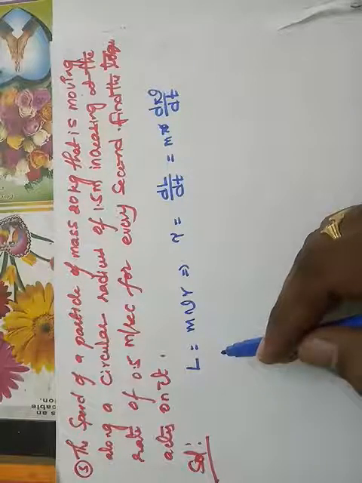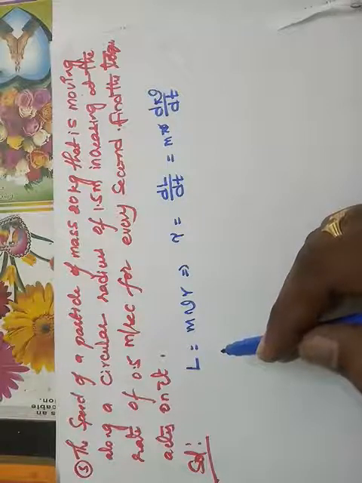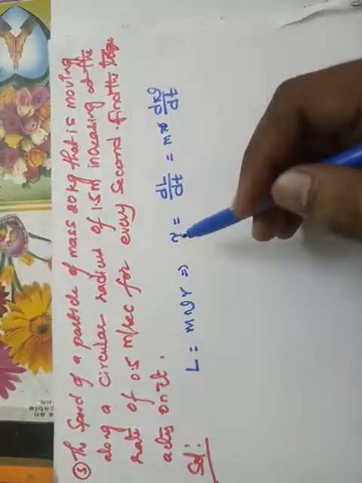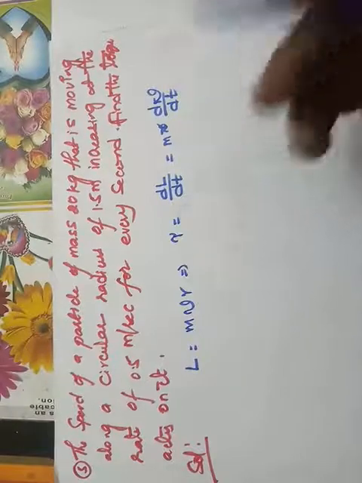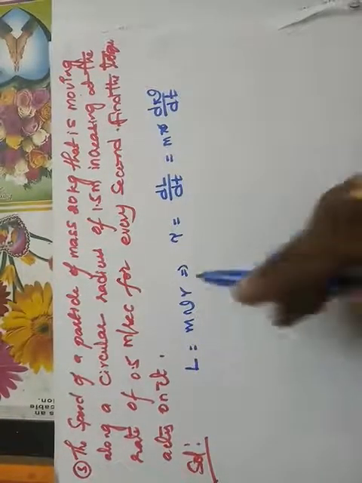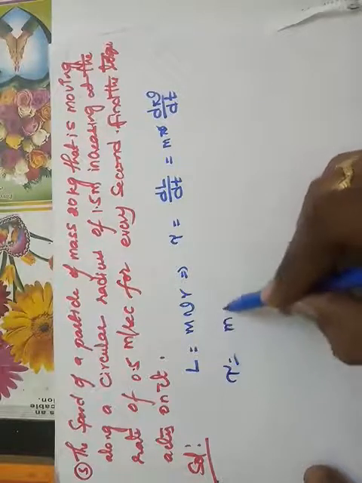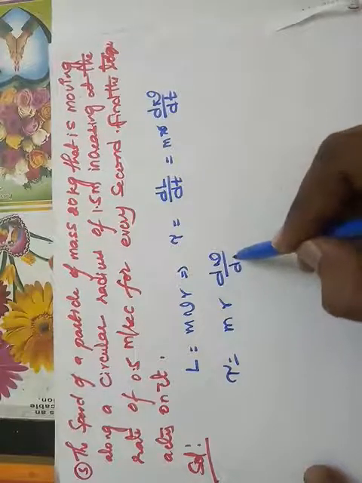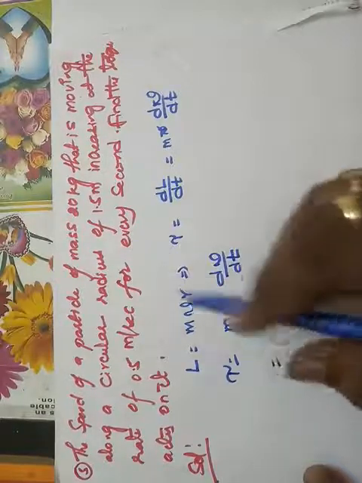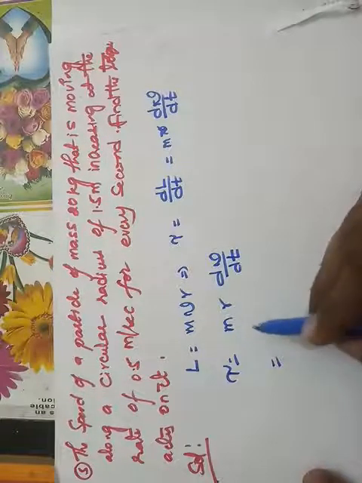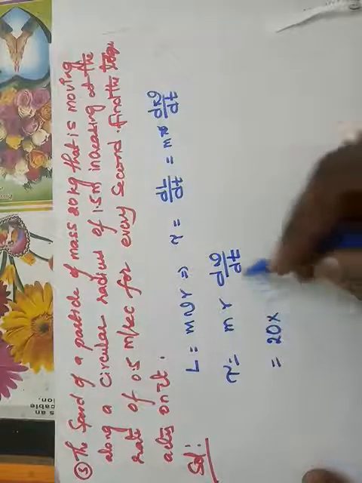So here the rate is given there, 0.5 meter per second, and r is given there. So just substitute all the values in this equation. Torque tau is equal to mr into dv by dt. Right, what is m there? Given in the question, the mass of the particle is 20. What about r?